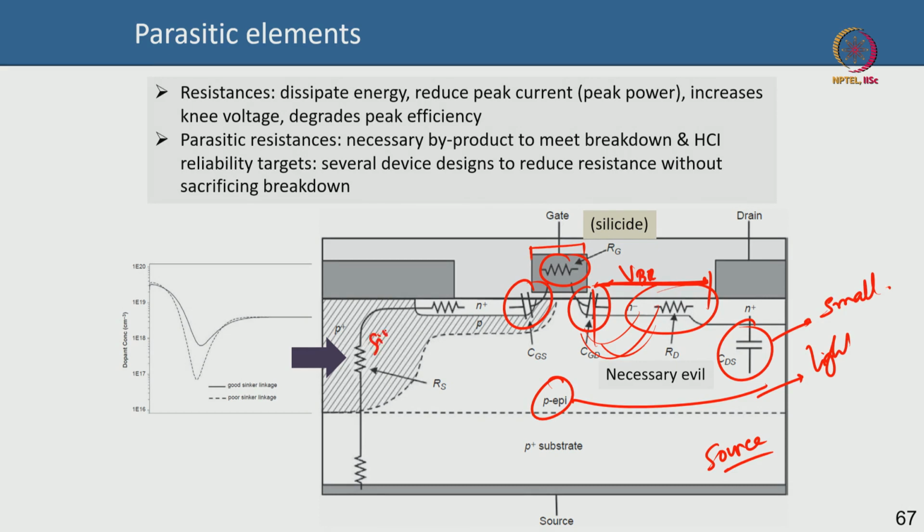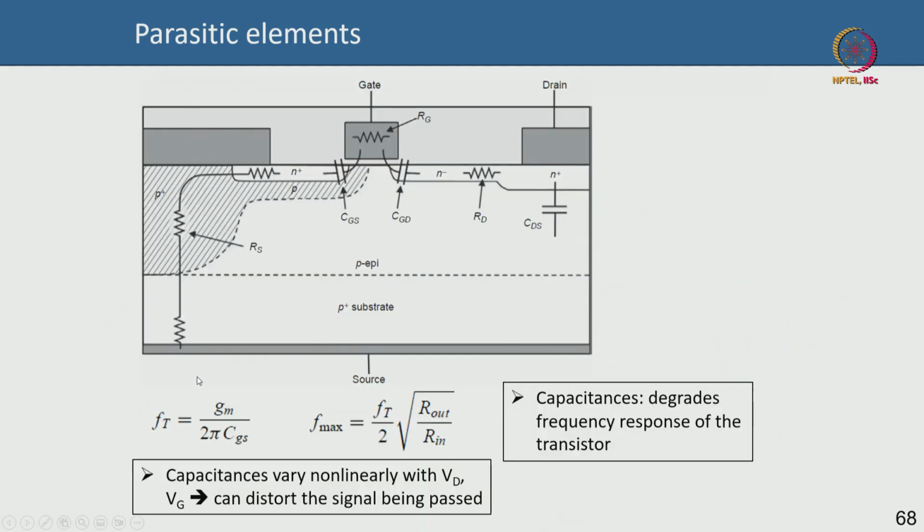Because the p type sinker is an implanted highly doped region. So, if I look from top to bottom, I should see a very low resistance path. So, you see here on the y axis the doping concentration, x axis is the distance from the top to bottom. The dotted line is not a good one because the doping has reduced significantly and come up, it has gone to like high 16s, it is bad, okay.